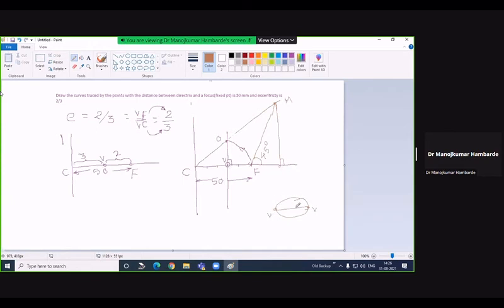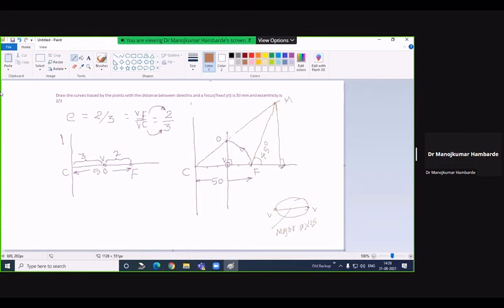So this much distance I have to fix. What is this? V to V. So this distance V to V I have obtained. Now this V to V distance is called the major axis of the ellipse.